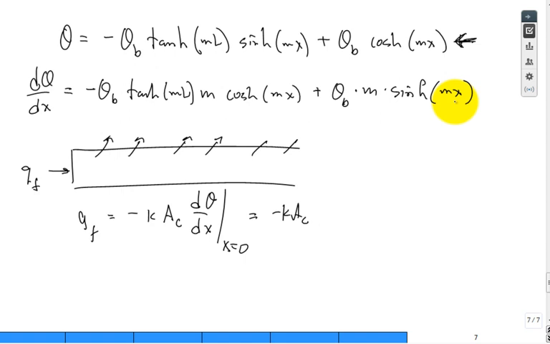Okay. So evaluate that derivative at x equal to 0. What is the cosh at x equal to 0? 1. What's the sinh at x equal to 0? 0. So that second term goes away. We're left with minus theta b, the hyperbolic tangent of ml times m.